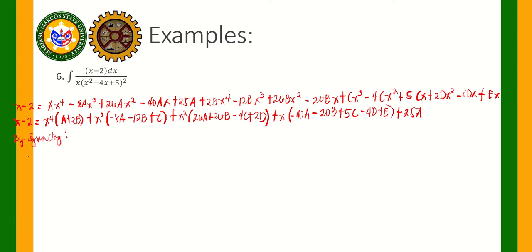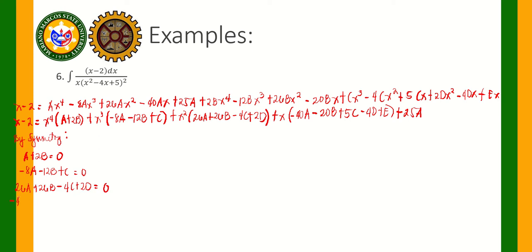okay. So, si x4 natin is a plus 2b equal to 0 since wala naman tayong naka 4th degree dito. And then for x cubed naman, we have negative 8a minus 12b plus c still equal to 0. And then 26a plus 26b minus 4c plus 2d equal to still 0 kasi naka-linear lang tayo dito.